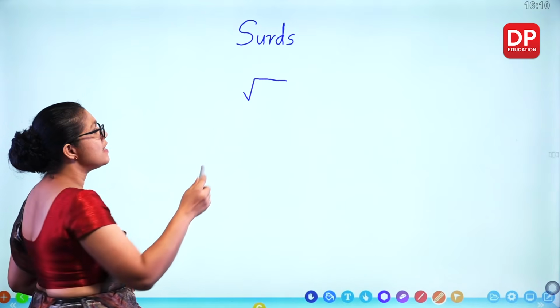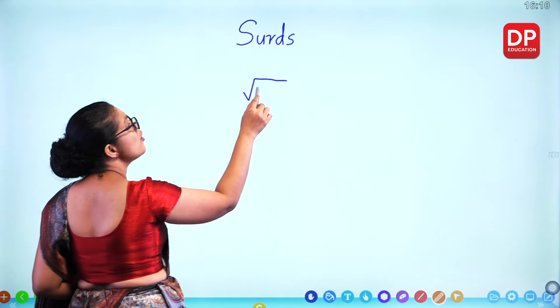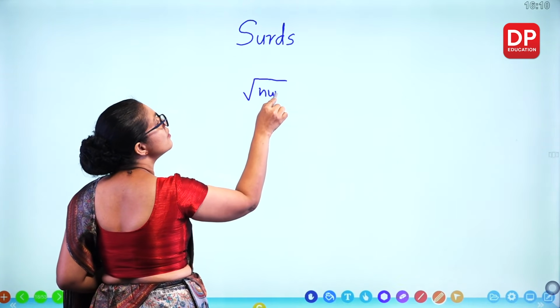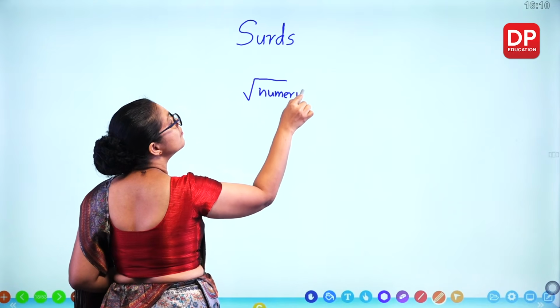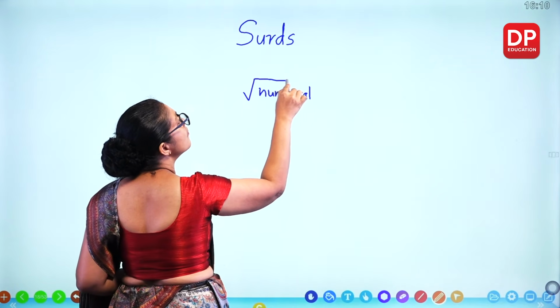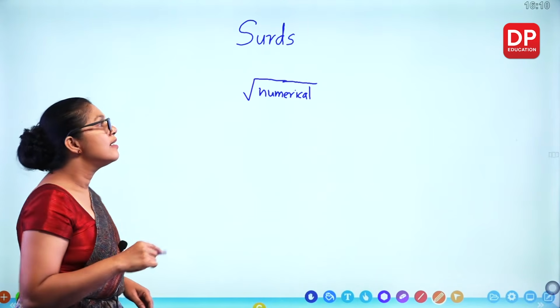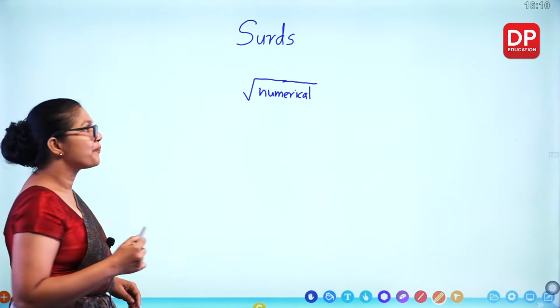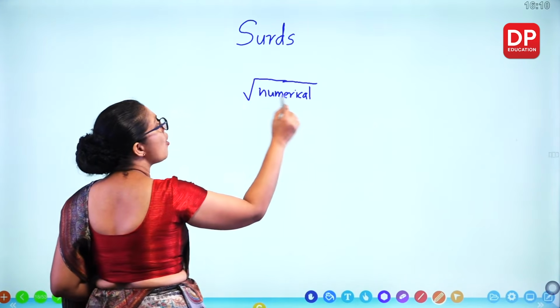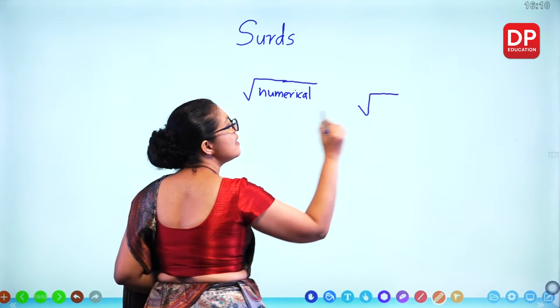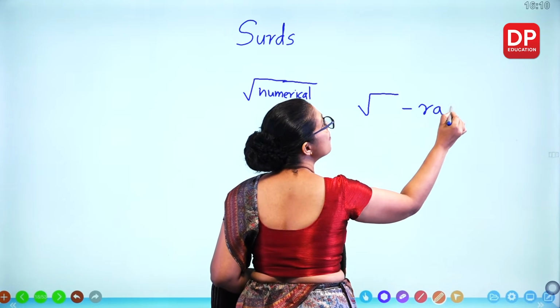So if we can write any numerical value in this form, we call these surds. Now if you get this symbol, that's called radical form.